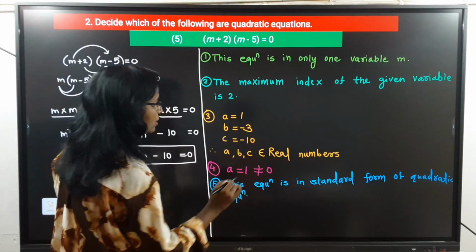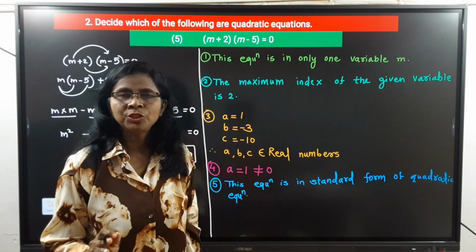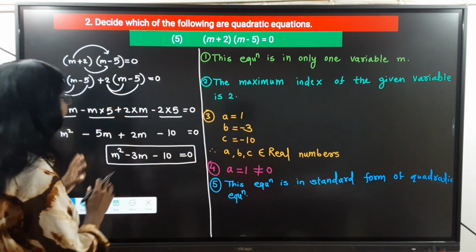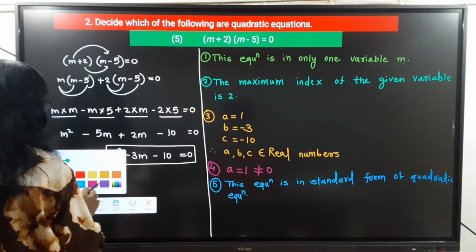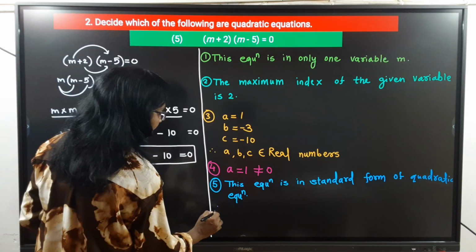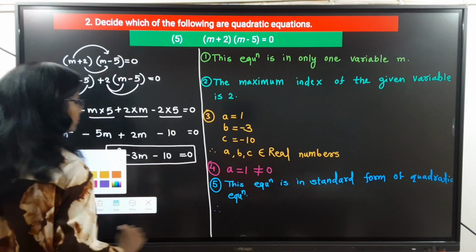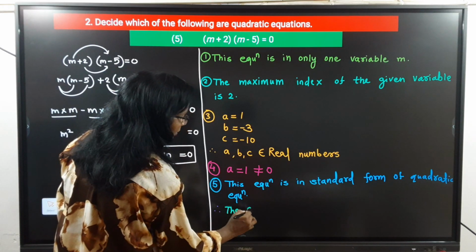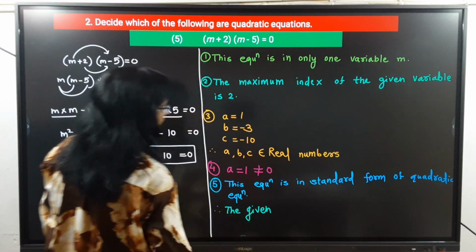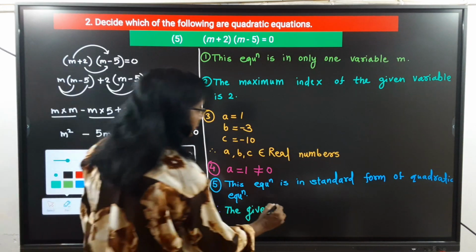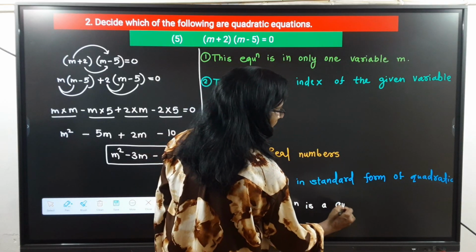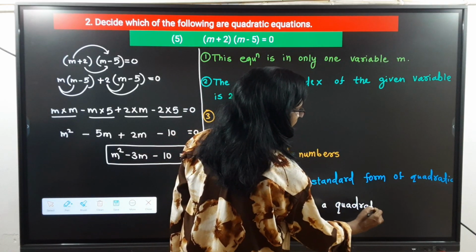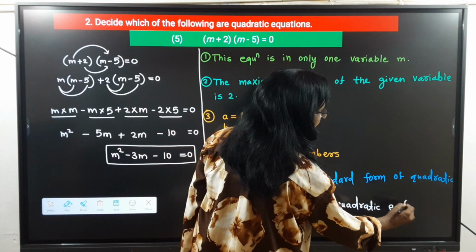So now here students, all these five conditions are followed or obeyed by this equation, and therefore finally we say that the given equation is a quadratic equation.